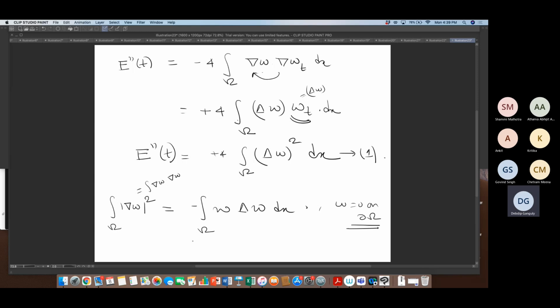No boundary term. Do you know Cauchy-Schwarz? Integral of fg is less than, you know this? L2, yes sir, Holder inequality. This is your function f, this is your function g. Take the modulus, it is less than integral of W Laplacian W dx.